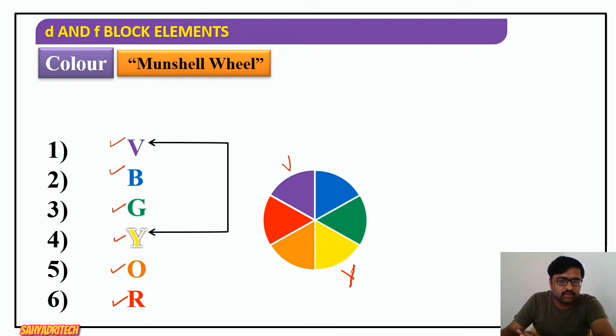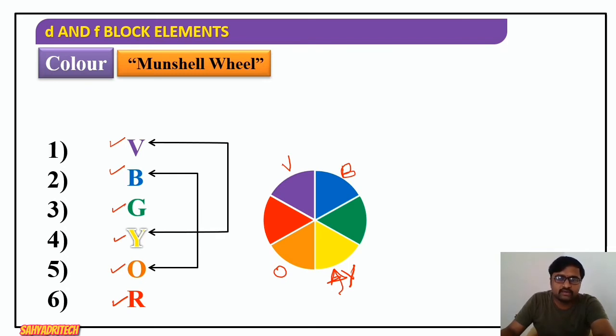If yellow radiation is absorbed by the object, it appears violet. Similarly, for blue, orange is the complementary color. If blue is absorbed, it appears orange in color, and if orange is absorbed, it appears blue in color, according to this concept.